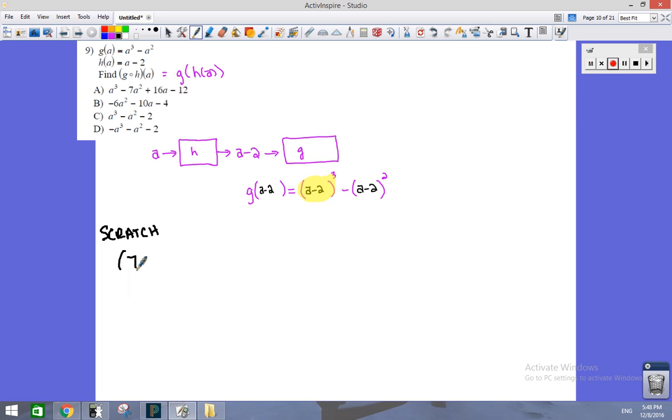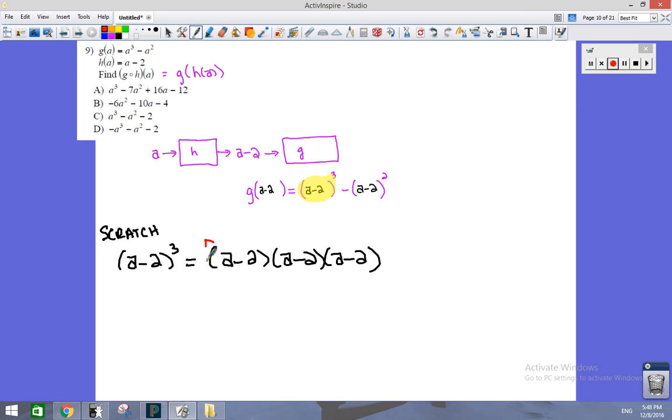I know that a minus 2 quantity cubed means a minus 2 times a minus 2 times a minus 2. And when you multiply a whole string of things together, just start on the left and multiply from left to right, multiplying two things at a time.